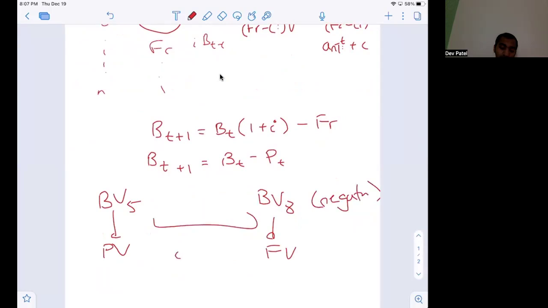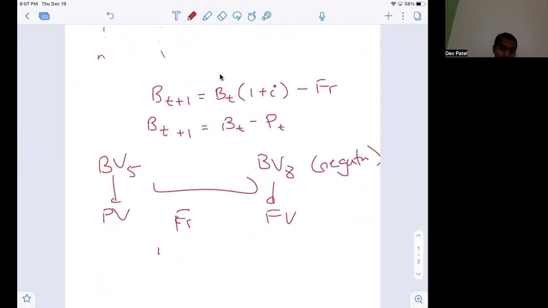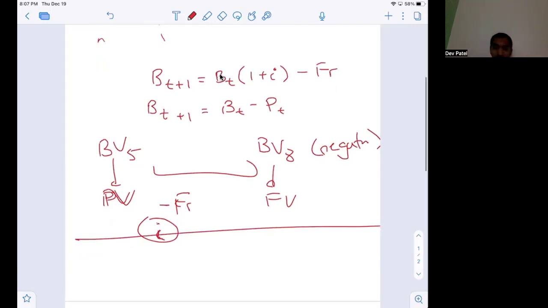We know the payment is FR, and if we need i, we're able to get i through this simple calculation by setting the present value to be BV5, future value to be the negative of BV8, because we'll be receiving that, and the payment FR will also be negative. So if we have these two book values and i is an unknown, we can use this.